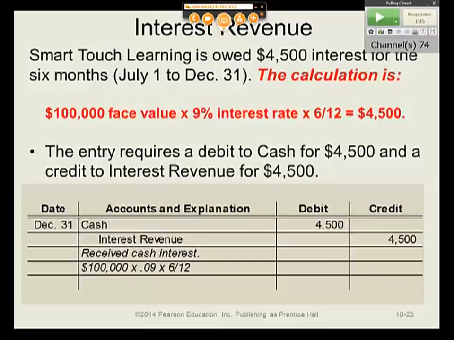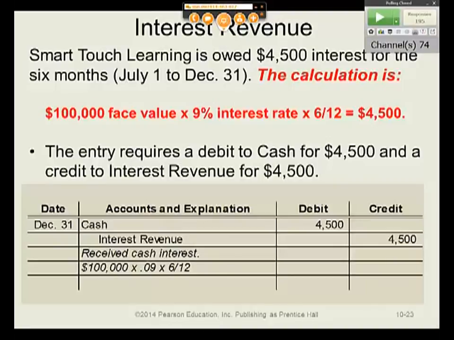All right. Here's a more realistic setting. You're going to get interest every July 1, so that on December 31st, you have to accrue the interest. If it wasn't paid, I would debit interest receivable there rather than cash. So if you didn't collect it in cash, you would still have to accrue the interest.